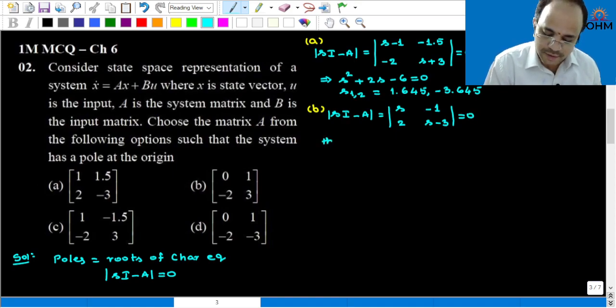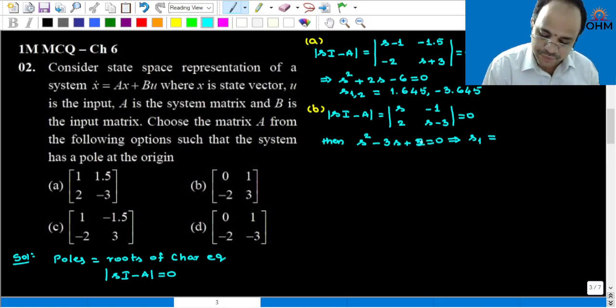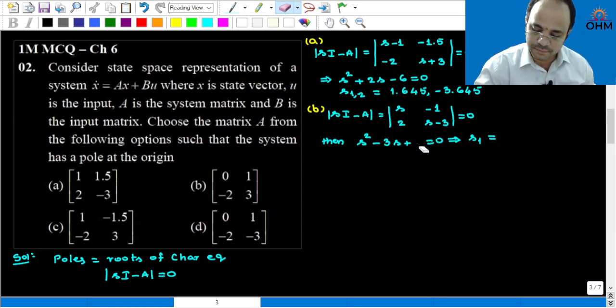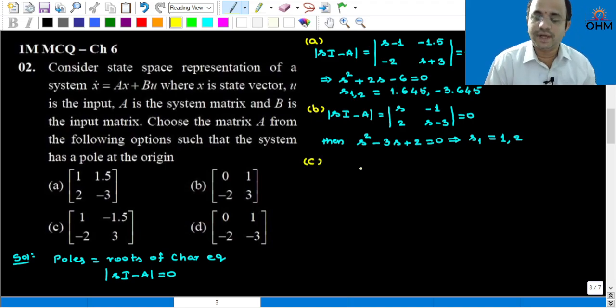Then what is the equation you have? s square minus 4s plus 3 is equal to 0, and the roots of this characteristic equation are 1 and 3. Therefore, here also there is no pole at the origin.